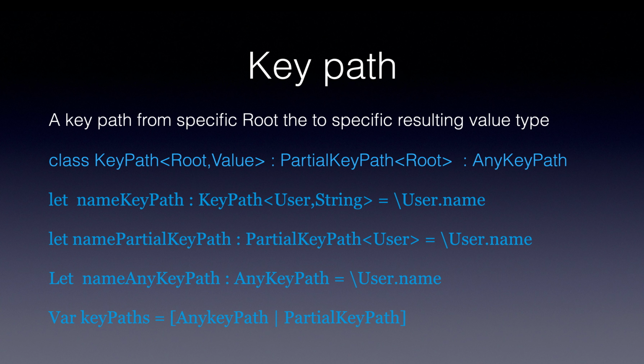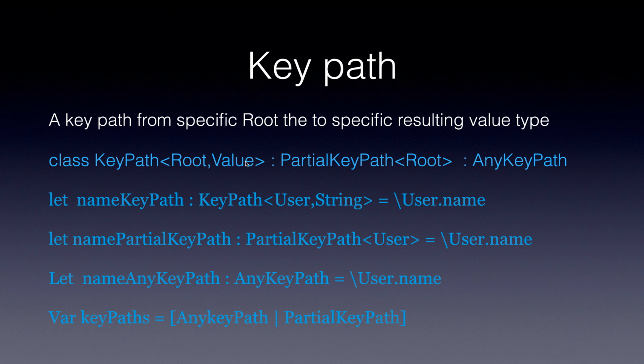As seen in the previous example, the key path from the User model has Value as the result type, the type of name or ID. The KeyPath class extends the superclass PartialKeyPath.